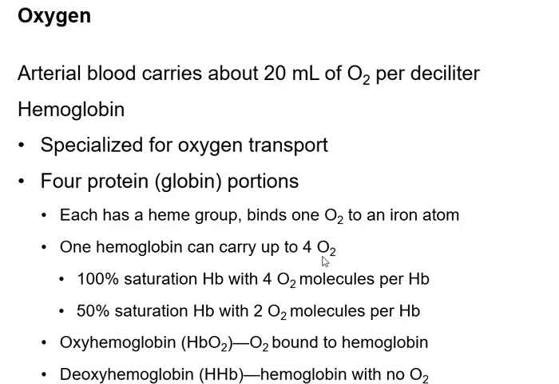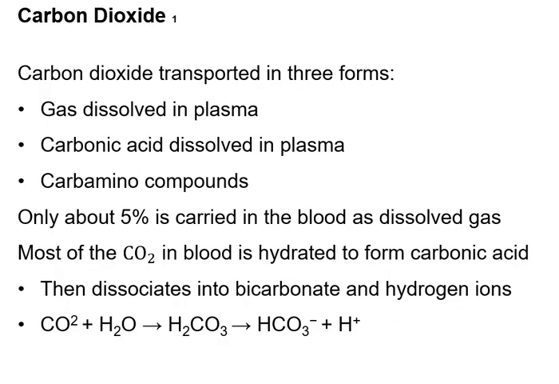So for every molecule of hemoglobin, you can carry 8 oxygens. You can carry 1 O2 on one of the irons, 1 O2 on the next, and if you multiply 4 by 2, you end up with 8.